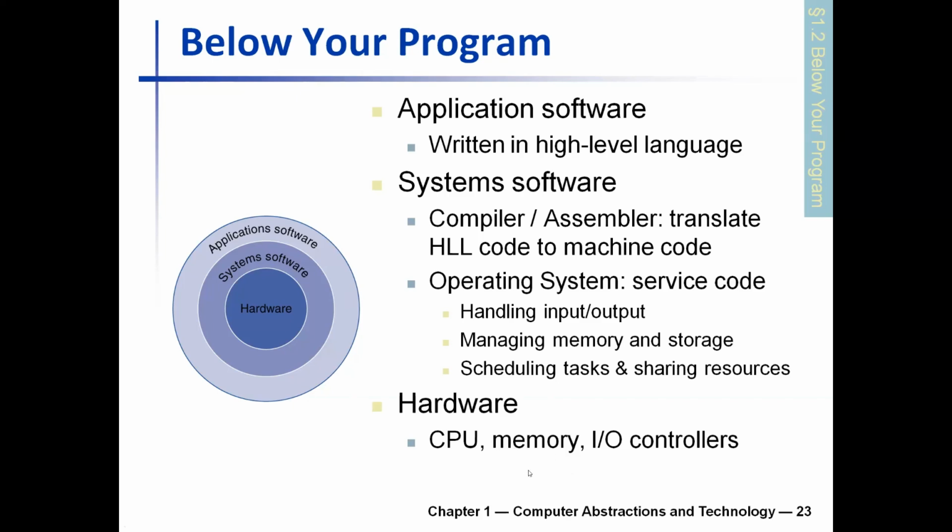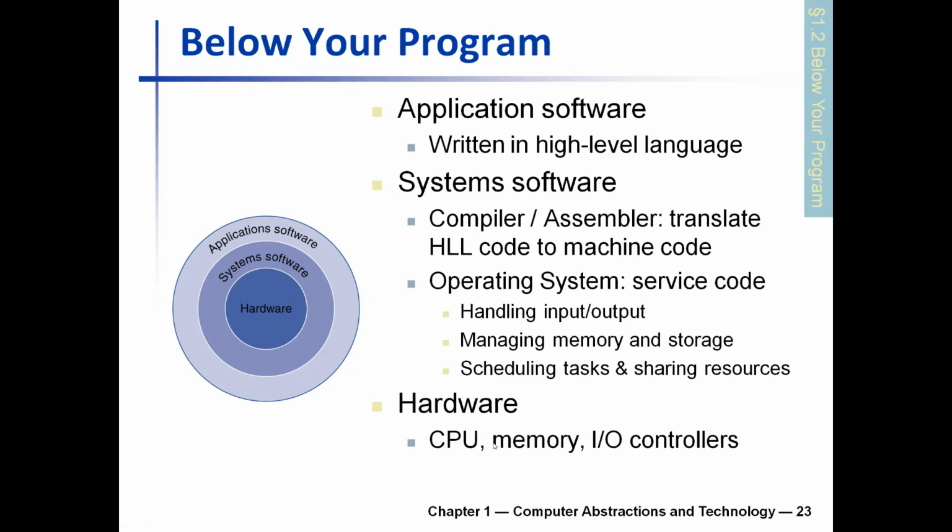Cache memory, level 1 cache, level 2 cache, level 3 cache, then main memory, input-output controllers, all the actual hardware, the controllers are there in the middle of all this. The system software hides all these hardware details from the programmers, so the programmers can have an easier time writing the programs or the applications.